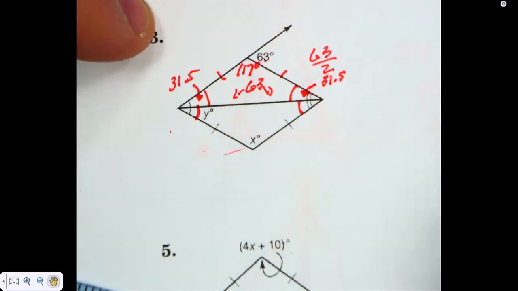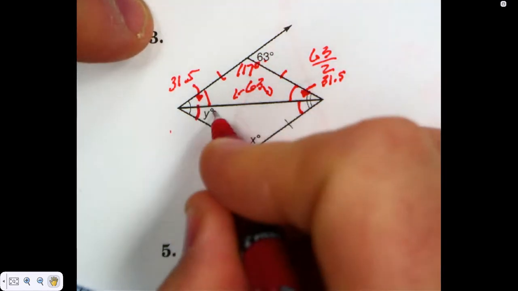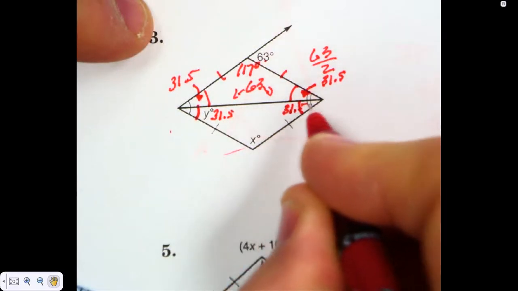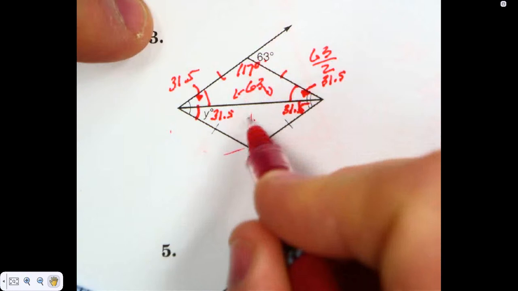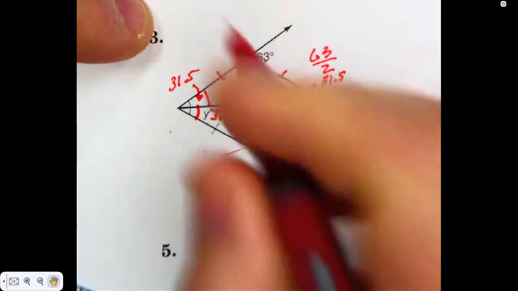So, hold on. So if this is 31.5, what's that? Like she said, meaning they add to 63, leaving what here? 117. I just wanted to work down.